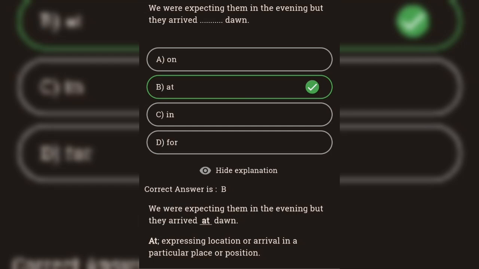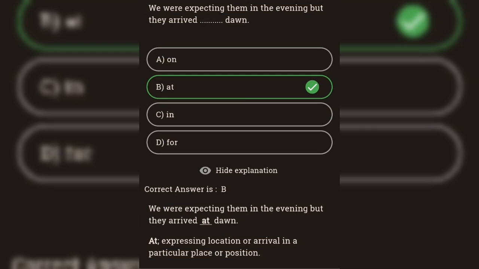It indicates that a particular action took place at a particular time. At is expressing location or arrival in a particular place or position. However, at is a preposition of time indicating the exact time that they arrived.